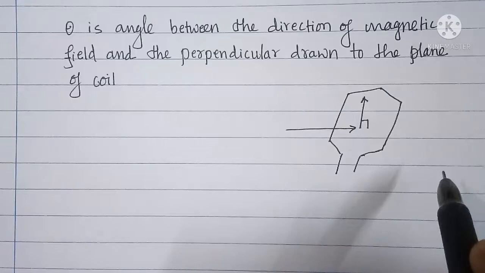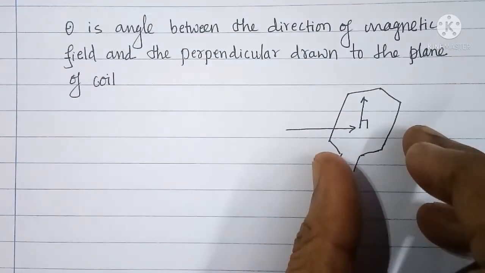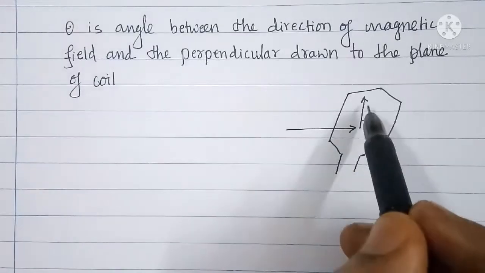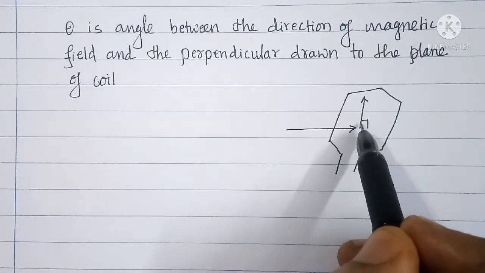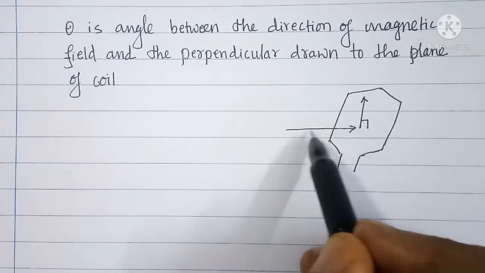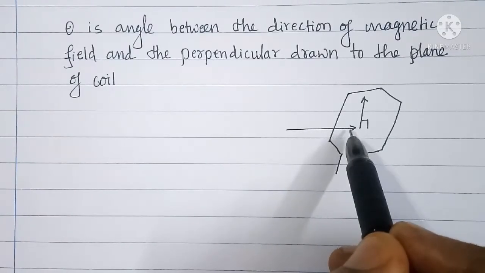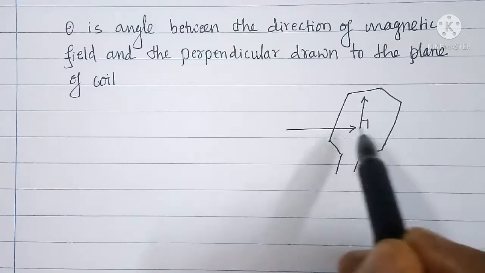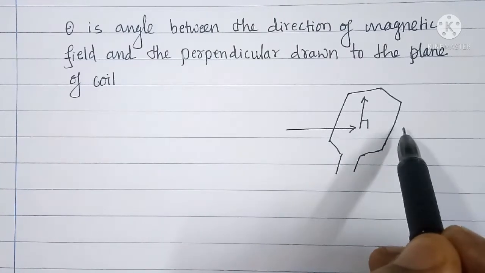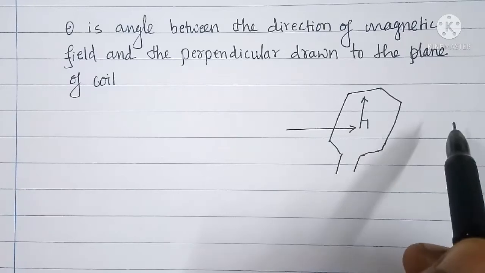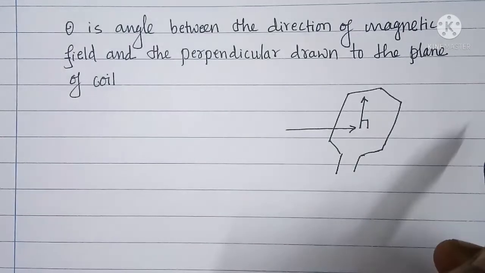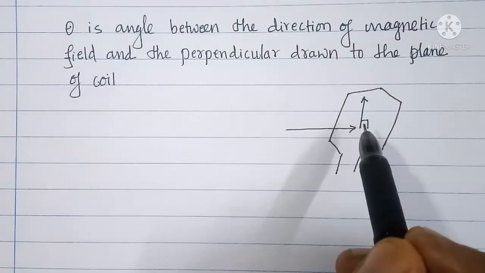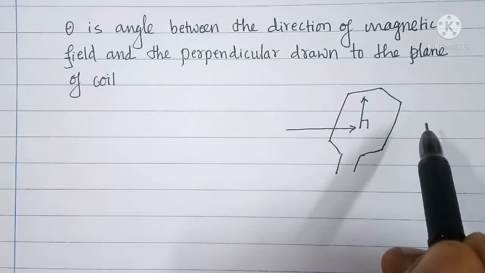And if this coil is rotated by 90 degree, then perpendicular drawn to the plane of the coil and the direction of magnetic field will be along same line. That means angle between them will be equal to 0, and hence cos theta becomes equal to 1. In other words, flux linking the coil will become maximum.